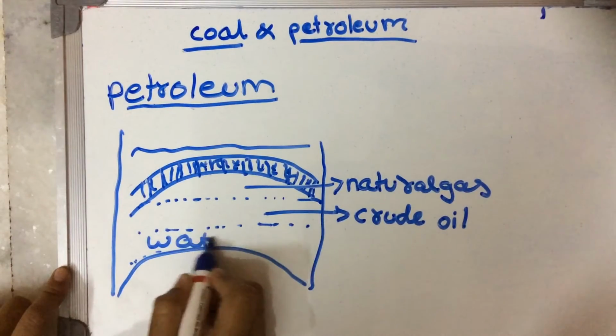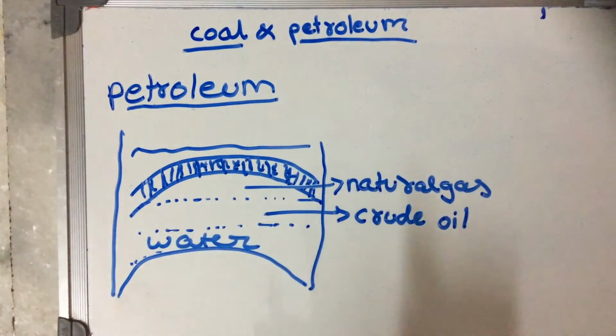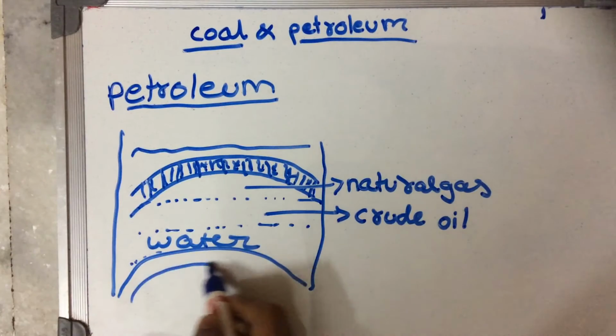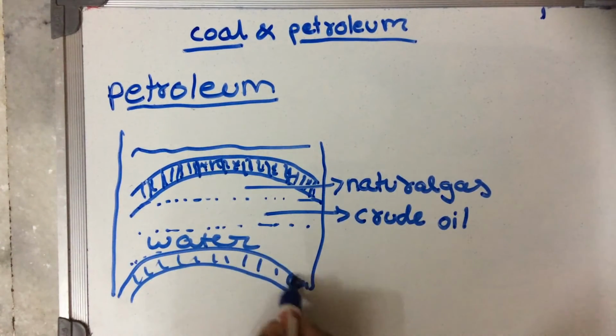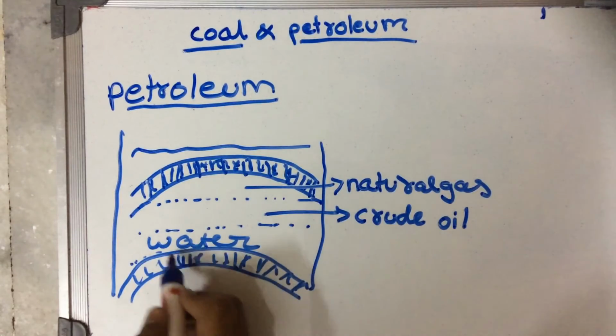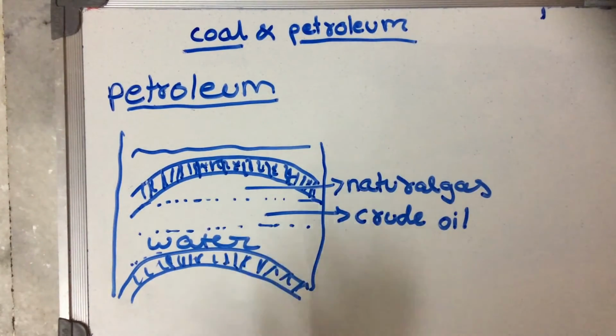So this is water, and this happens because we know that oil is less dense than water. Here this is also an impervious rock, meaning liquids or solids can't pass through it. For example, if you take mud or sand and pour water through it, the water will pass.